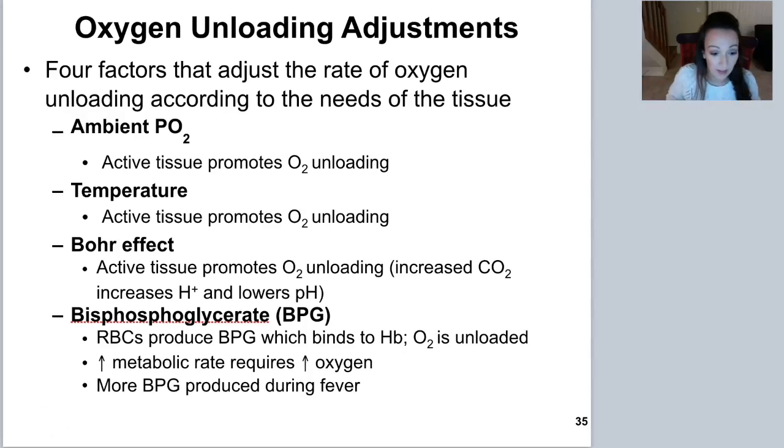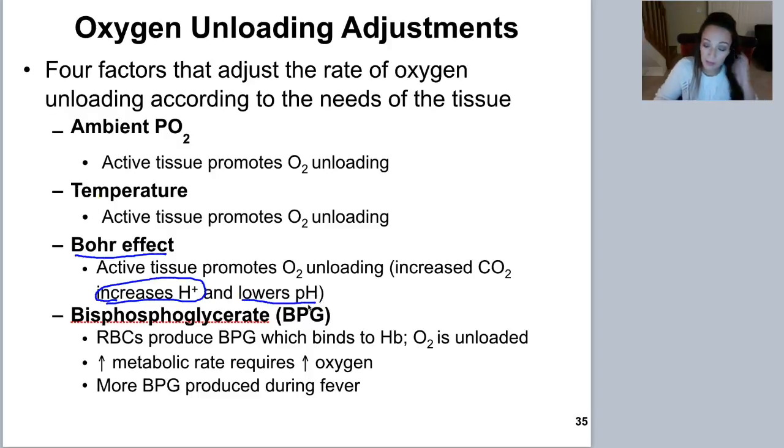Back to this slide. Okay, so the third factor affecting oxygen unloading is called the Bohr effect. And I've actually just explained this to you on one of the last 2 slides. So the Bohr effect is that an active tissue promotes oxygen unloading because of an increased hydrogen ion concentration and a low pH. Okay.